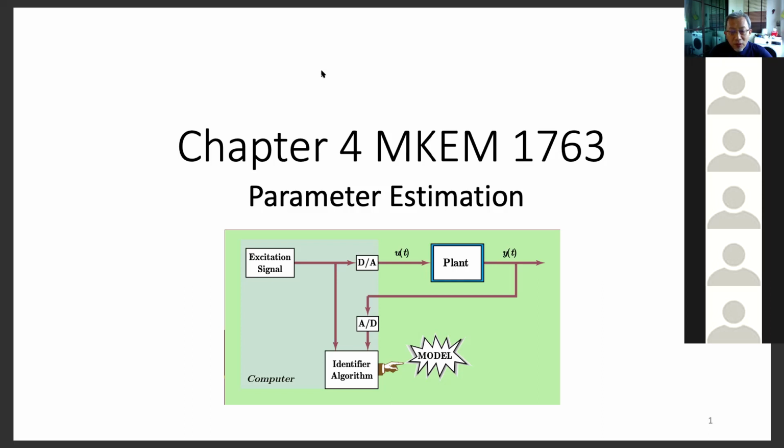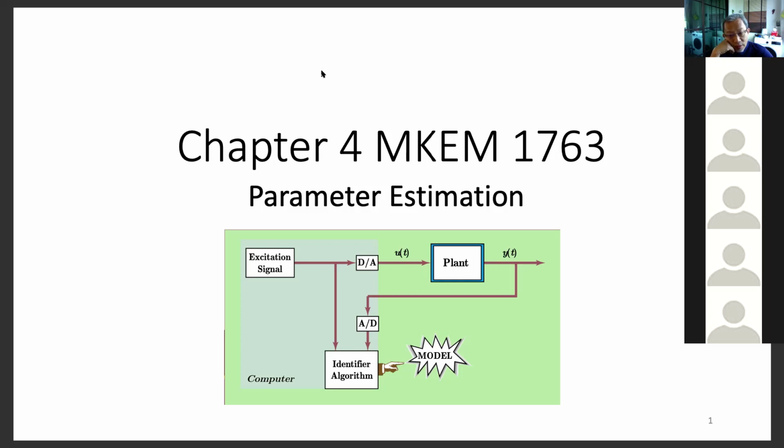Then after that, we learn about model structure selections. And now we are going to the parameter estimations, where we are going to see what is the method that we use to estimate the parameter of the mathematical model that we achieve.